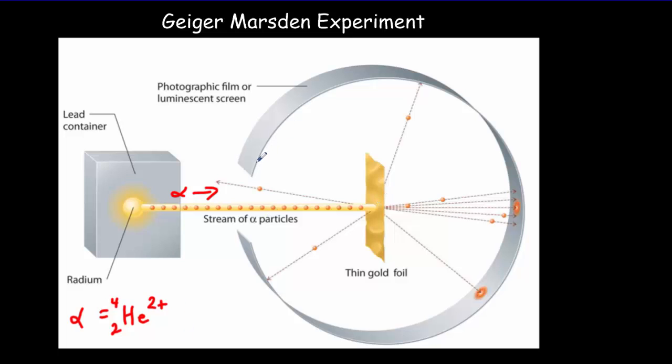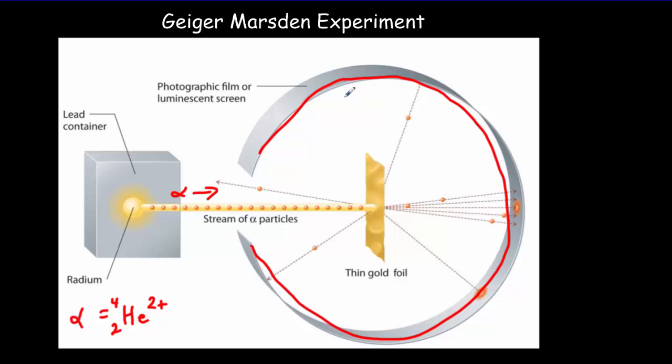So what happened in the experiment is that a photographic film was placed around the gold foil. And every time an alpha particle hit that photographic film, a mark would be shown. So Geiger and Marsden could find out where all the alpha particles were scattering after they hit the gold foil.